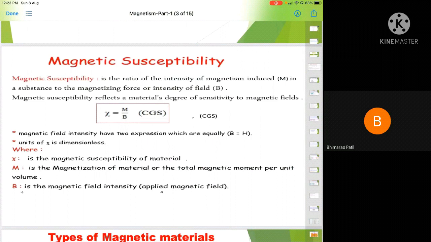Magnetic field intensity has two expressions which are equally important, that is B is equal to H. Here the unit of chi is dimensionless, where chi is the magnetic susceptibility of the material, M is the magnetization of the material or the total magnetic moment per unit volume, and B is the magnetic field intensity or applied magnetic field.